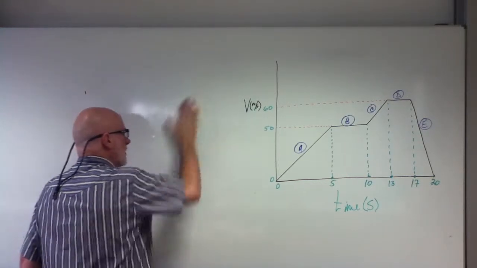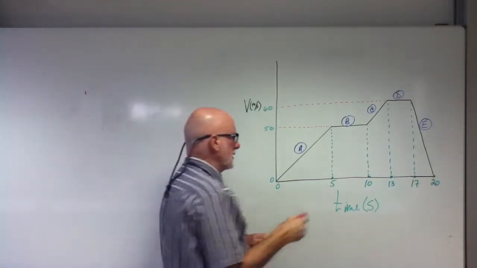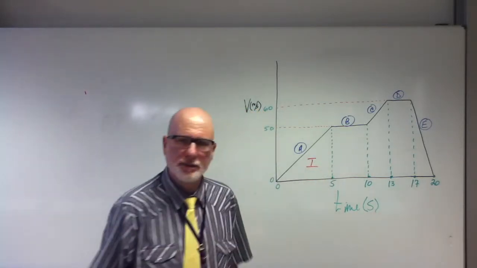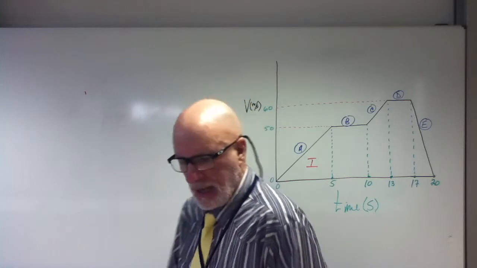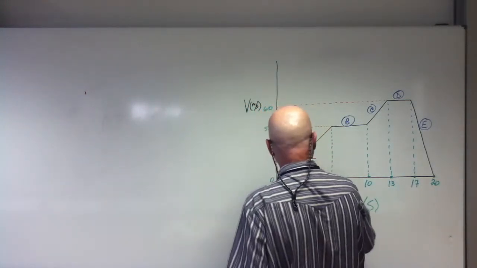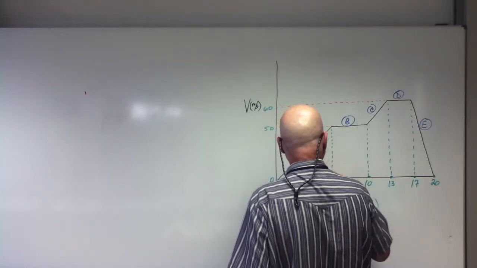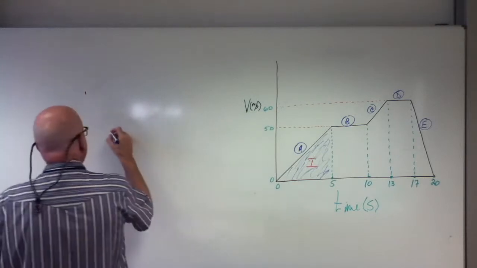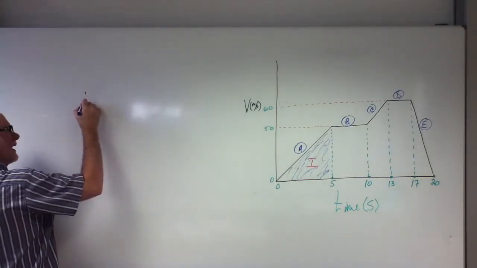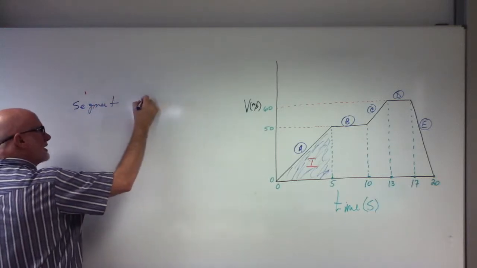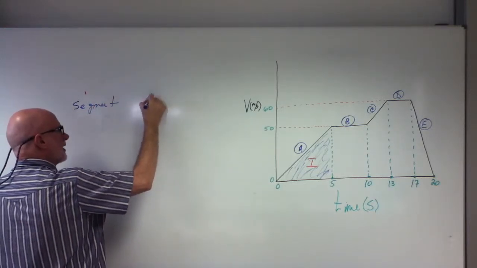Okay. So, we're going to number these segments. We're going to call that segment 1, and we're going to shade this. That's segment 1, and that's going to be area.